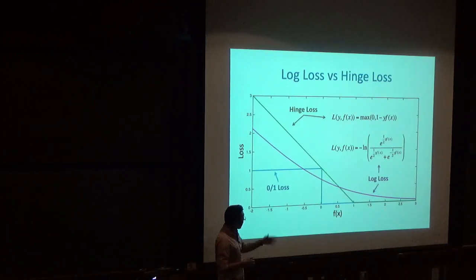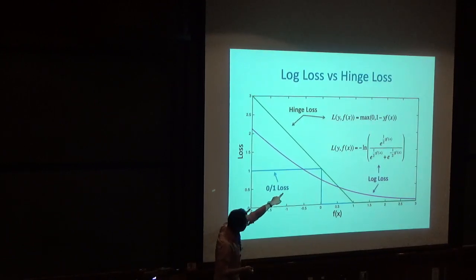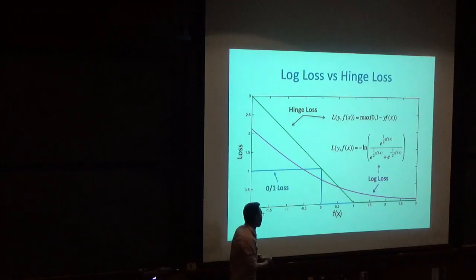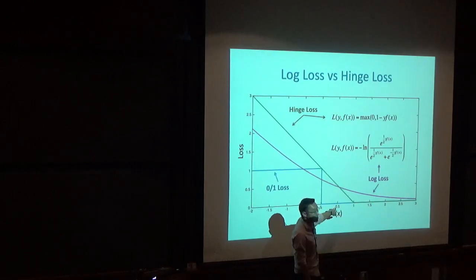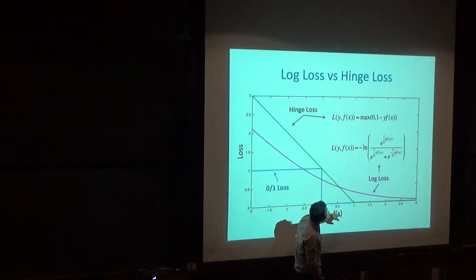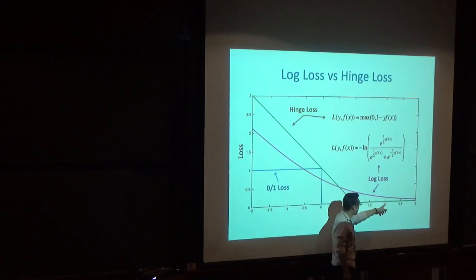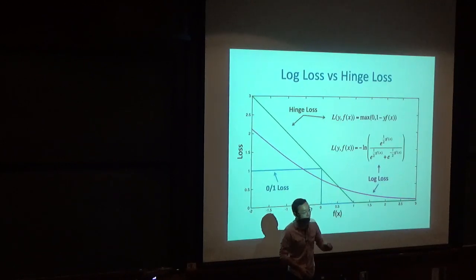In fact, people do actually do gradient descent on exactly that. So, for example, if f of x is something really big, and therefore y times f of x is a large positive number, then 1 minus that is going to be a negative number, in which case you're going to just flatten out at 0. This is applied on a per data point level, right?